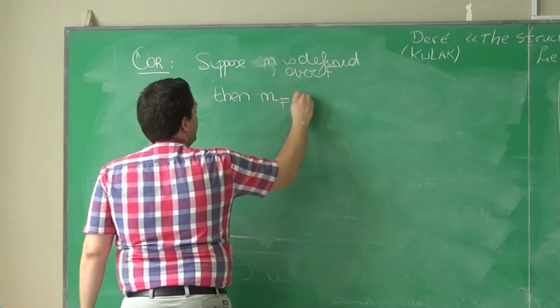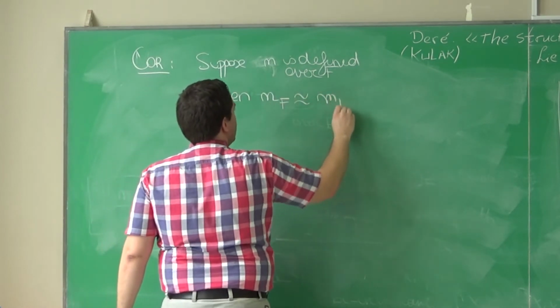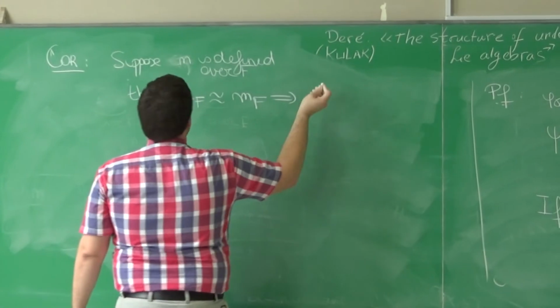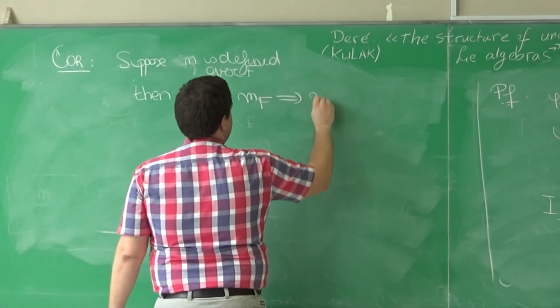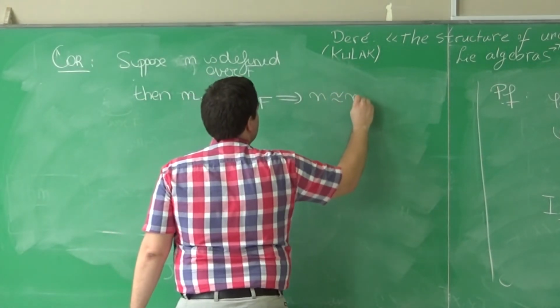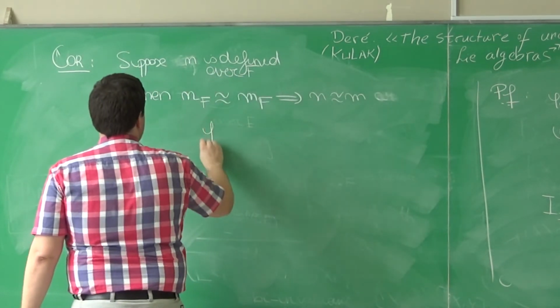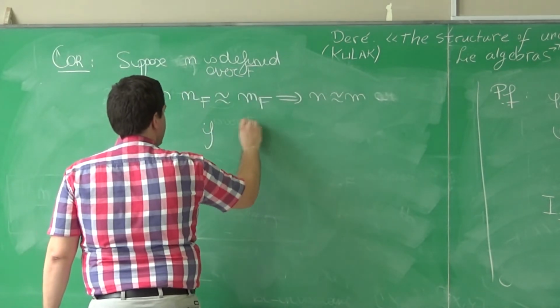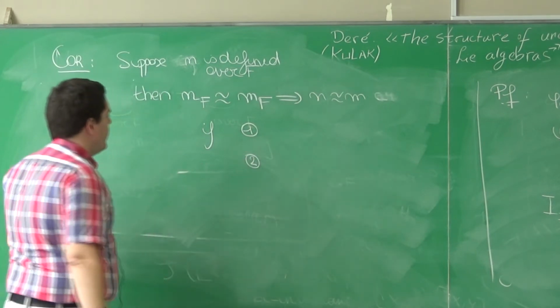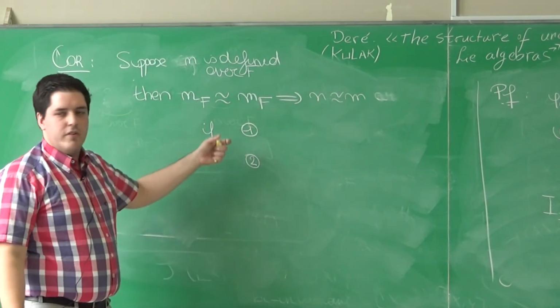Then N_F isomorphic to M_F implies that N and M are isomorphic. If, and you have two possibilities as conditions, so one of the two is sufficient.